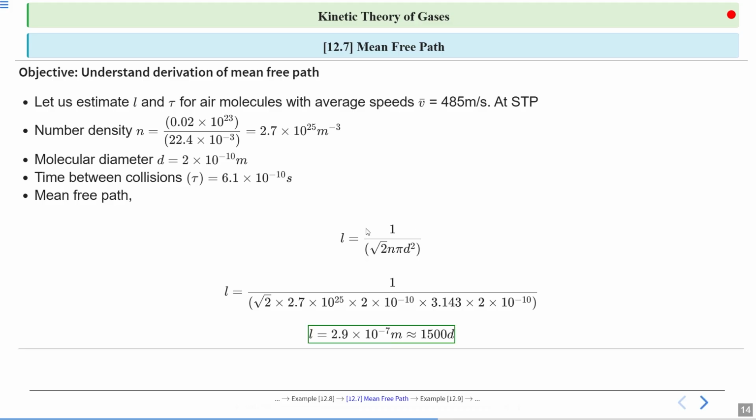Solving this, you will get L equal to 2.9 into 10 raised to the power minus 7 meters. This value is approximately 1500 d, or we can say about 1500 times the molecular diameter. This is clear?